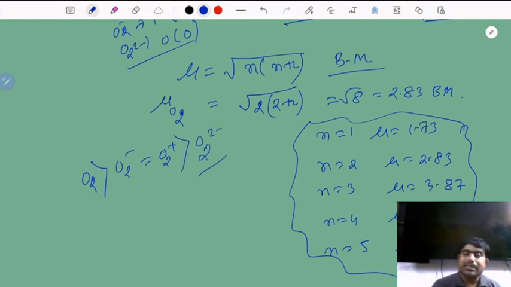Understand? So we can easily calculate the bond order, bond strength, magnetic character, everything using this relationship. It is very important. Using these relations we can easily approach these types of questions.